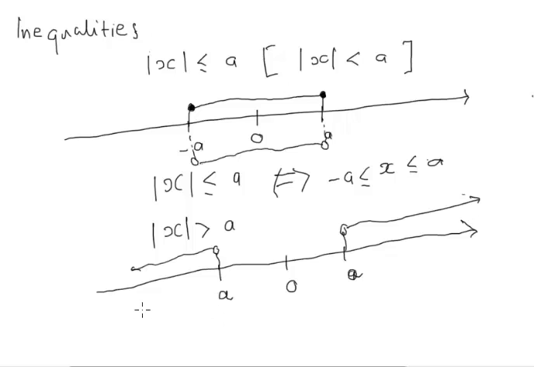When I've got absolute value of x greater than a, you just mean that x is less than minus a, which we've been talking about this side, isn't it? Or x is greater than a.